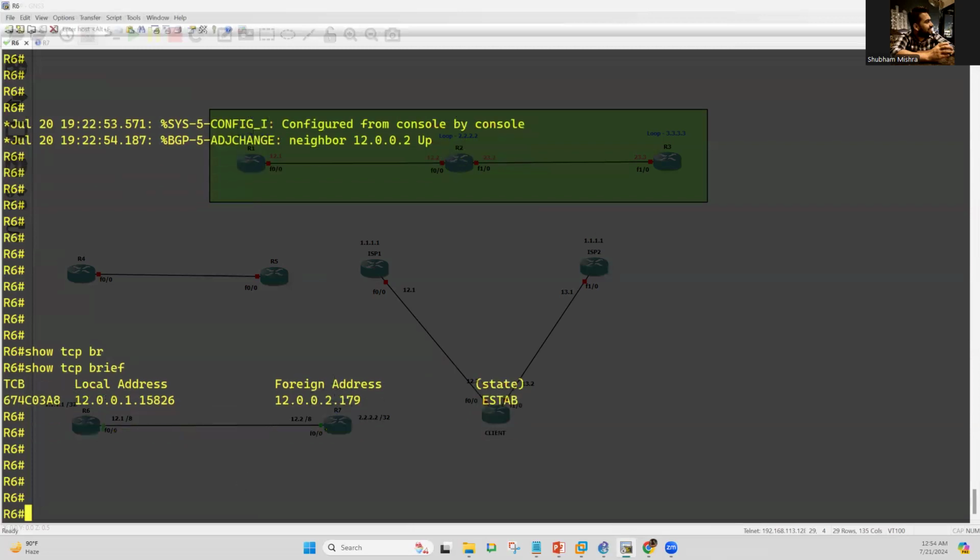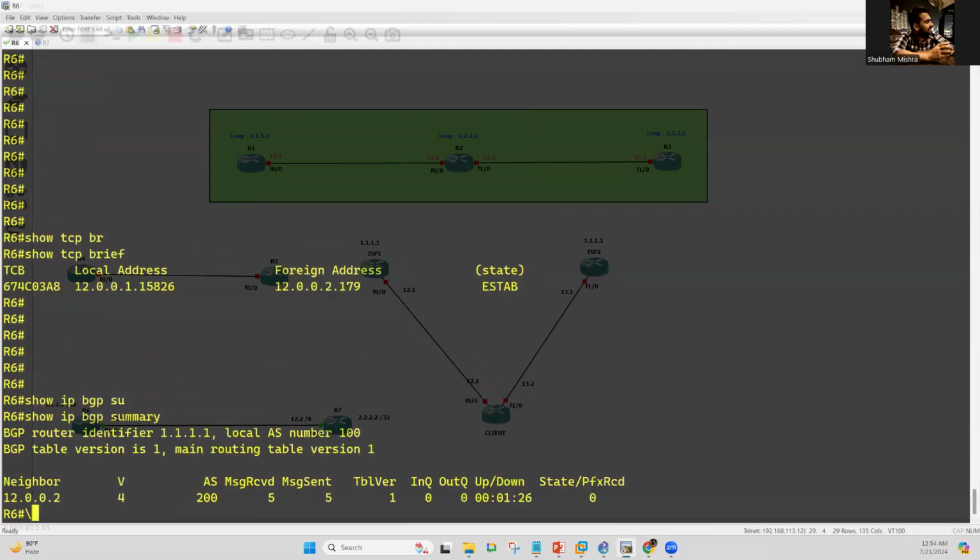Now I am writing the show ip bgp summary command. With the help of this command, you can even check the neighborship. See, there is one line, BGP router identifier. The BGP router identifier is exactly the same as the router ID. What is the router ID by default? R6 selects 1.1.1.1. Why?